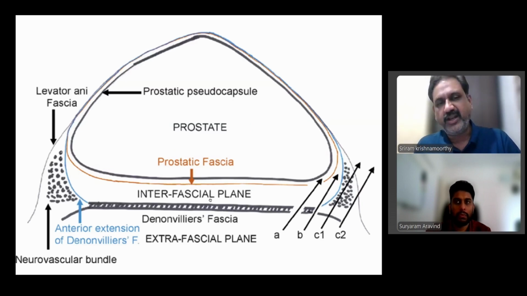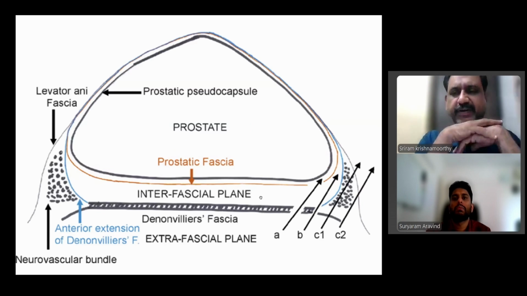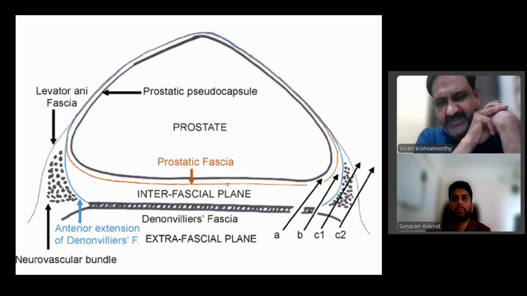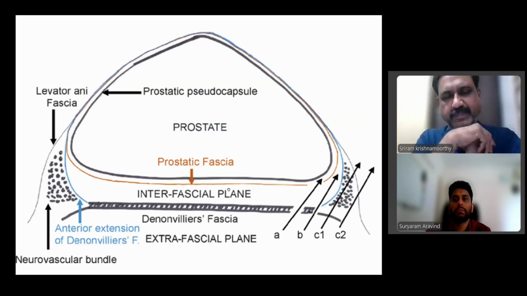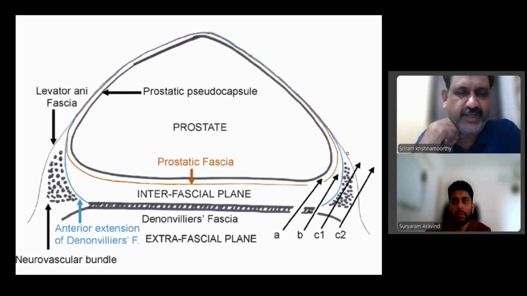Interfascial means between two fascia: the prostatic fascia and the Denonvilliers fascia. Is the neurovascular bundle damaged here? Not damaged. So in interfascial also, the neurovascular bundle is not damaged. So these are nerve-sparing prostatectomies: the interfascial and the intrafascial radical prostatectomies.